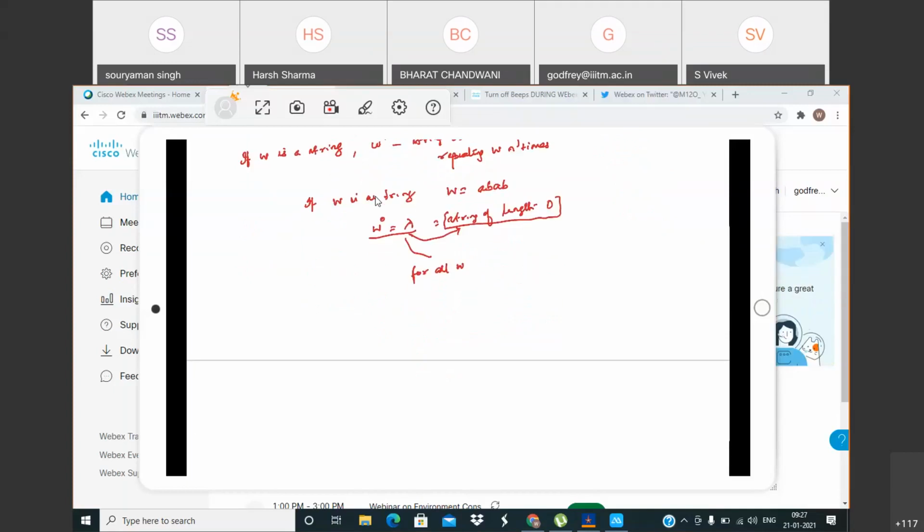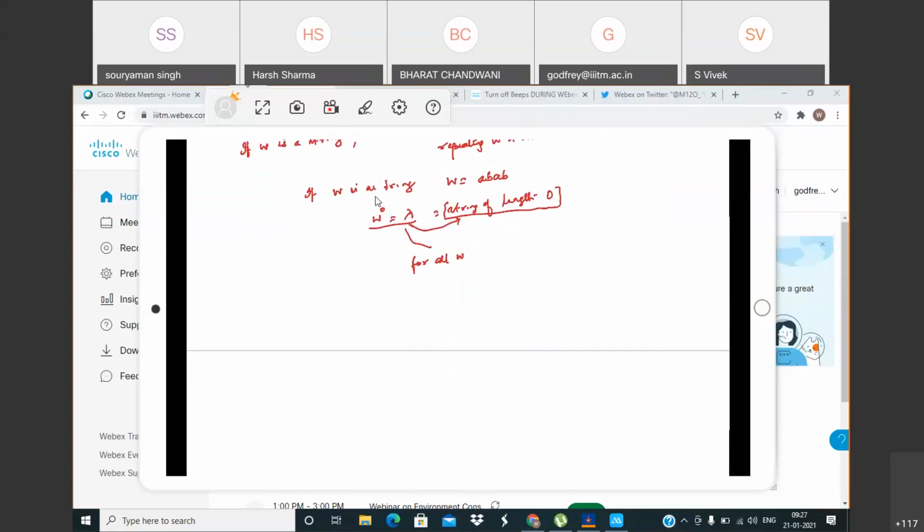Similarly, sigma, we know, is going to denote an alphabet.